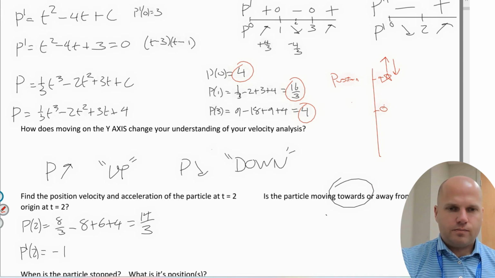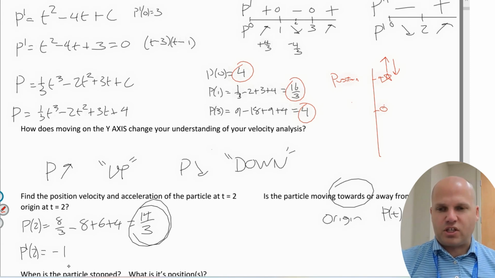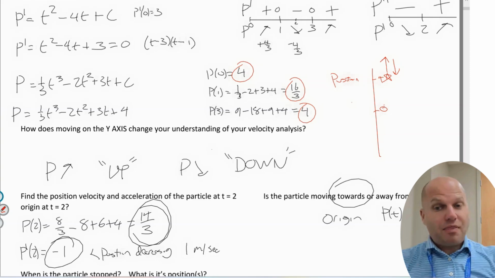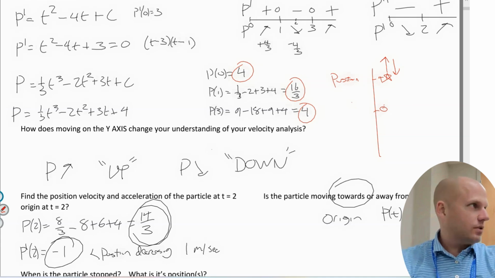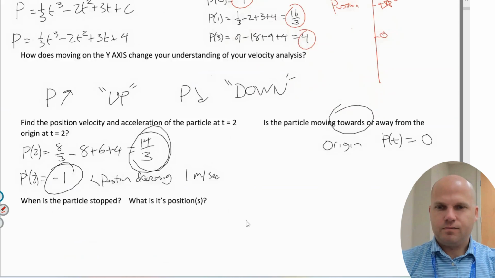The origin is when my position equals 0. I have a positive position that is decreasing. My position is decreasing at this moment 1 meter per second. So at this moment, it's going from 14 thirds down, that many y's per x, meters per second.